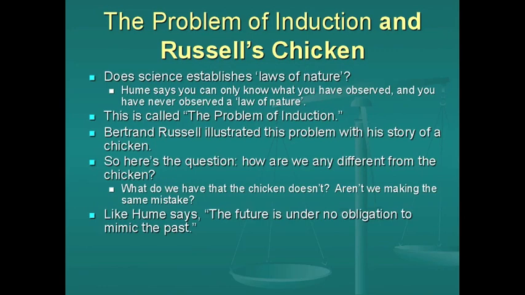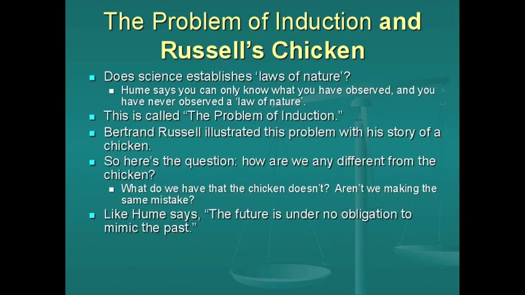Hume's famous example here is the idea of the sun rising tomorrow. Do I know right now that the sun will rise tomorrow? Well, I think I know that. That's the kind of thing that sounds like I would say I know that. After all, my evidence suggests that that's the way the universe works. Every single day I've been alive, the sun has risen in the morning. But that's exactly the same way that the chicken is reasoning, and the chicken was wrong.